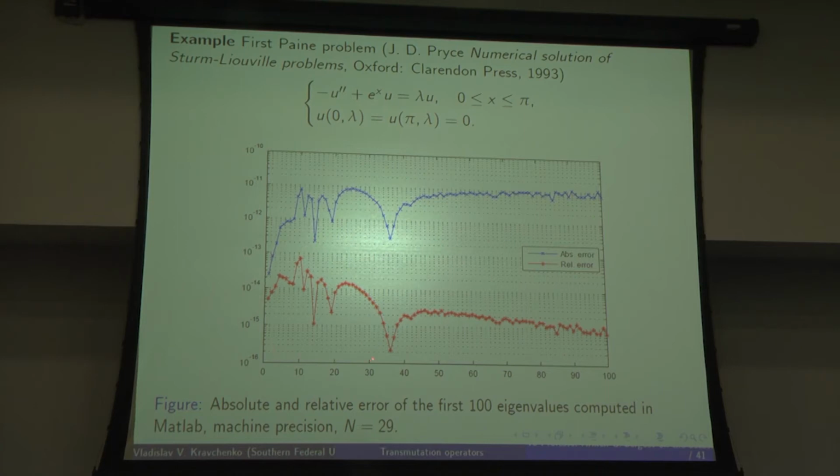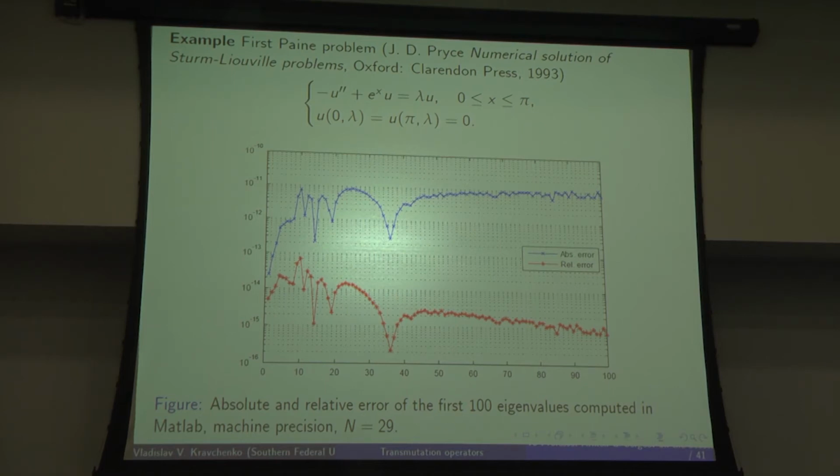The red curve is the relative error. It is at the level of machine precision. You cannot do anything better if you work in machine precision. The relative error of the first 100 eigenvalues was obtained in a fraction of a second.